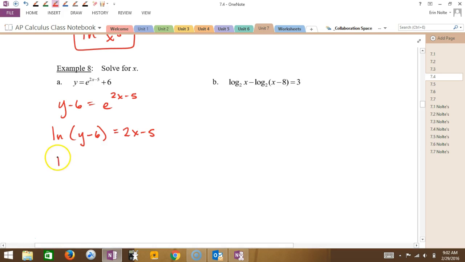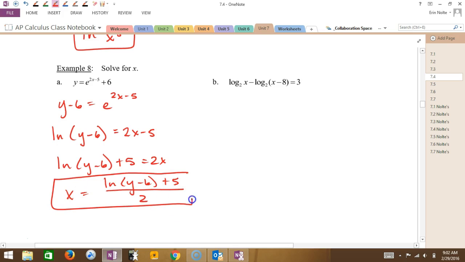Add the 5, so I have natural log of y minus 6 plus 5 is equal to 2x, and my last step, divided by 2. So I'm going to say x is equal to the natural log of y minus 6 plus 5 on the outside, all divided by 2. So that's isolated. Okay, so just remember, if you're solving an exponential equation, get it as simplified as you can, and then just convert it to logarithmic.